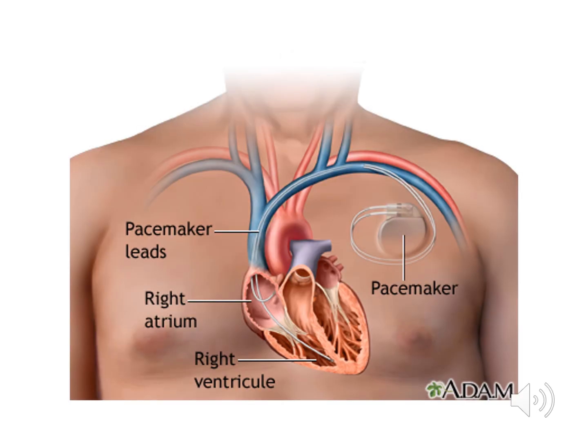Now you can see that those leads are positioned in the heart, in the atria and the ventricles to kind of lay against the heart wall, and the pacemaker actually can sense what rate the heart is generating, and we can set the pacemaker so that if the heart rate drops below a certain level, then the pacemaker will generate an electrical impulse that should stimulate the heart to contract, and in that way we can keep the heart rate in a more acceptable range.